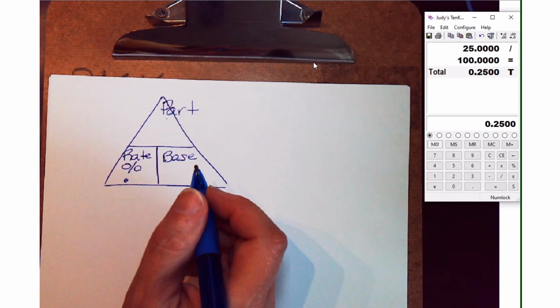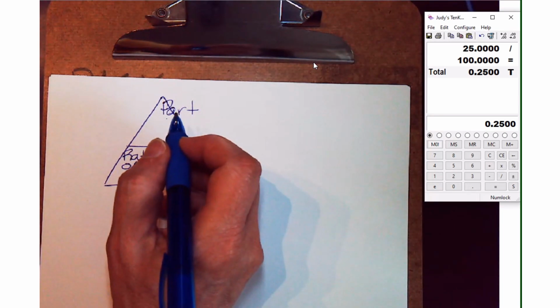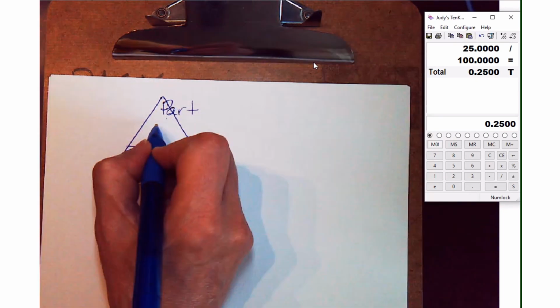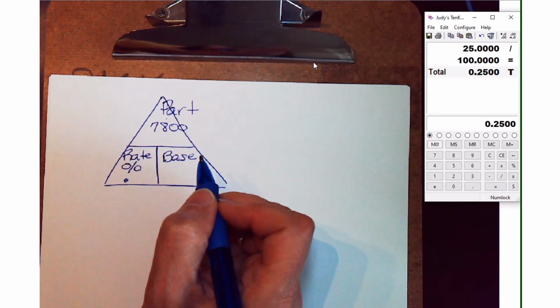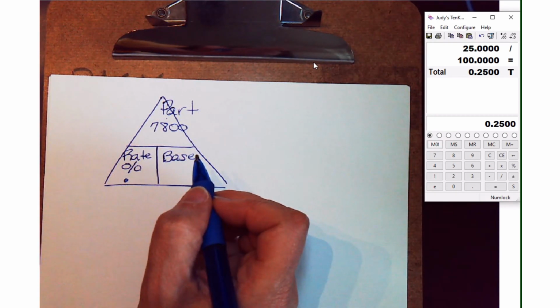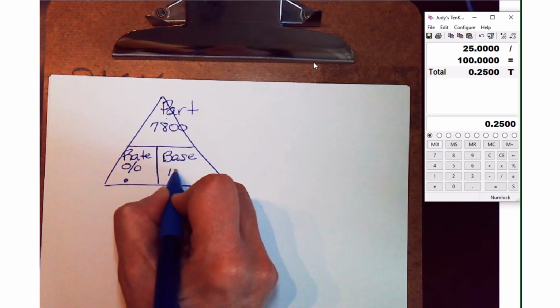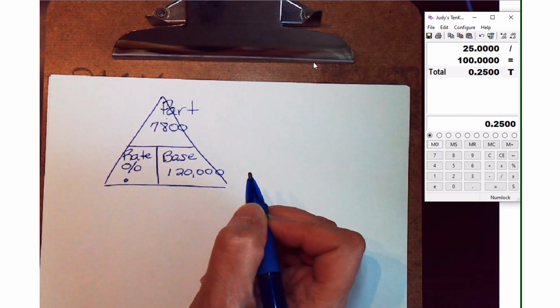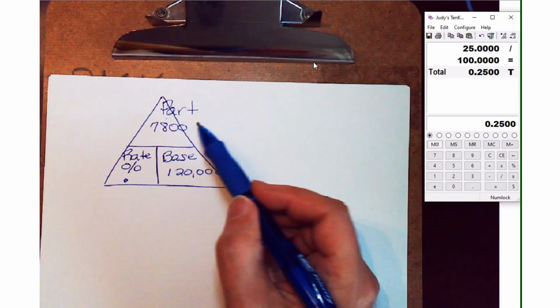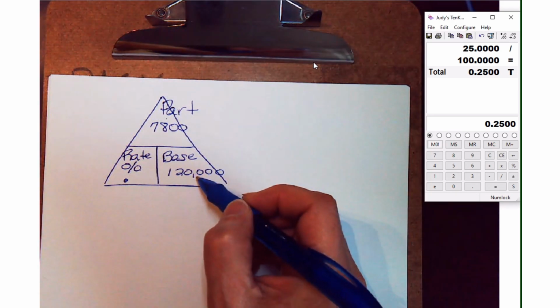What fraction? So he earned $7,800, that's our part, on the sale of a $120,000 house, that's our base.